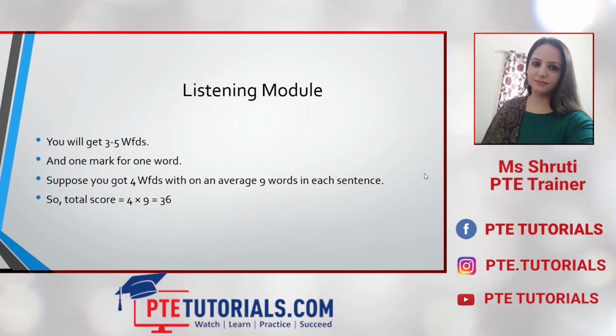The reason is, I always say, don't assume that each module's total score is 90. No, your speaking is of more than 300 marks. Listening is of more than 150 marks. Reading is also of more than 150, 200 marks.